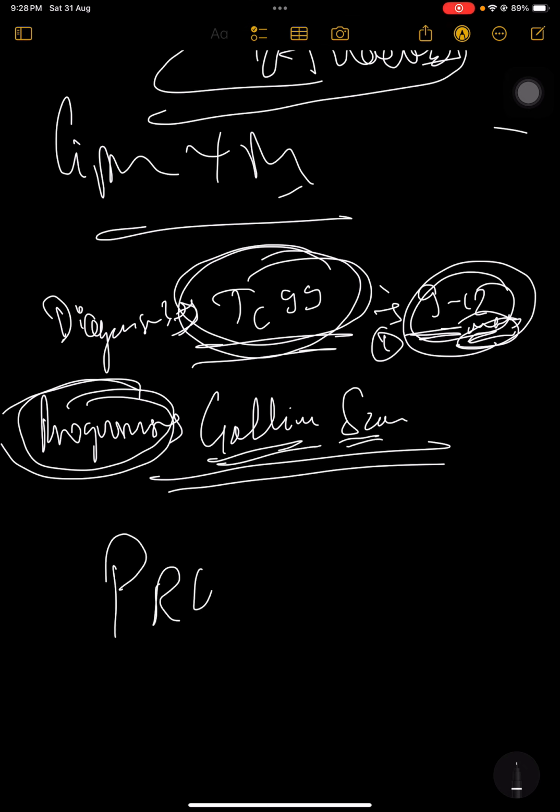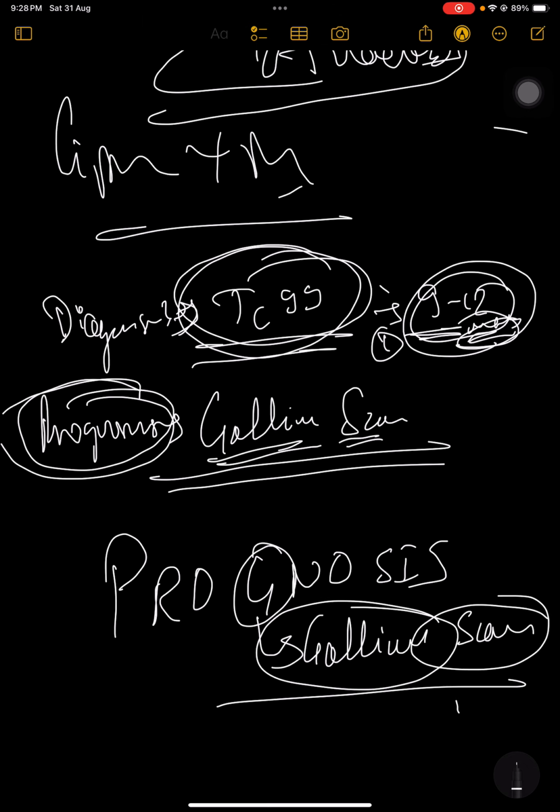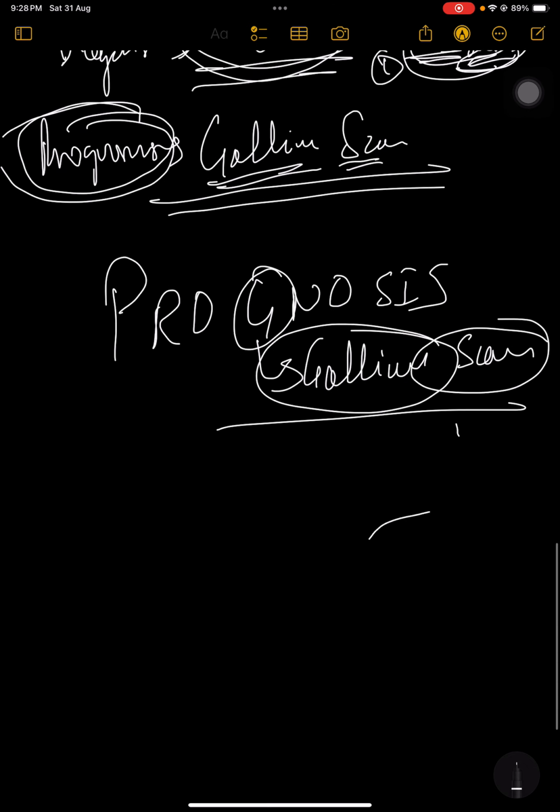Remember, prognosis has the letter G in it. That is why G refers to the gallium scan. You can remember it this way. This gallium scan actually shows the activity of your leukocytes.